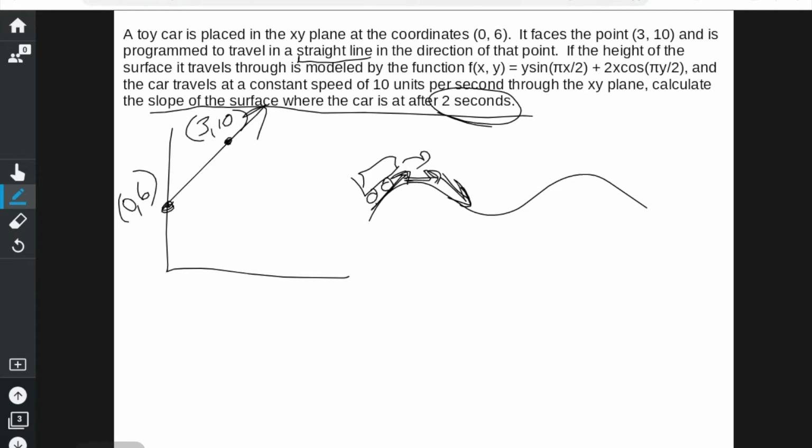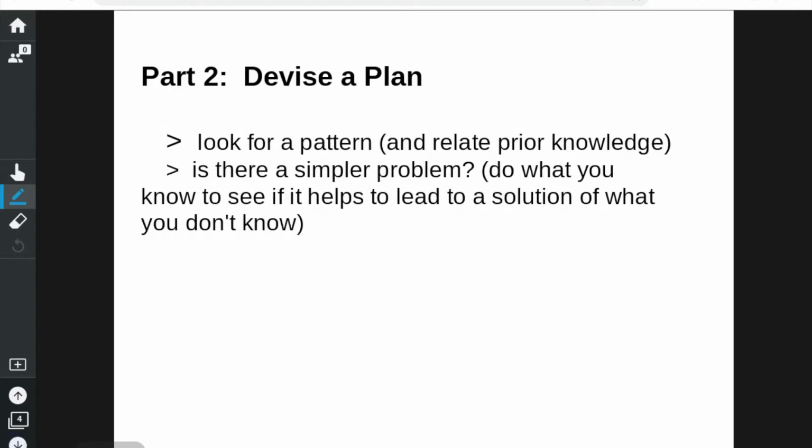Okay, so let's go ahead and make our plan. Part 2 is to devise a plan. For this problem, I think the most relevant methods we're going to use are to look for a pattern, and patterns can mean so many different things. Looking for a pattern in this problem means, do I see something that I have seen before?